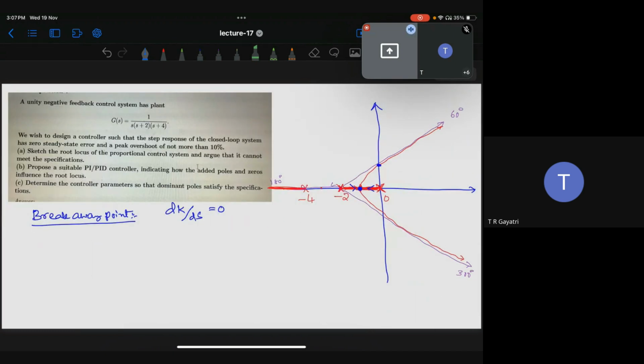So from the characteristic equation, k is equal to minus s(s plus 2)(s plus 4). It can be written as minus of s cube plus 6s square plus 8s.